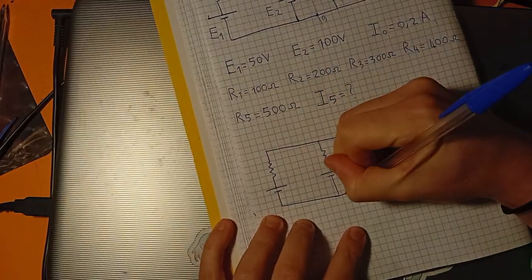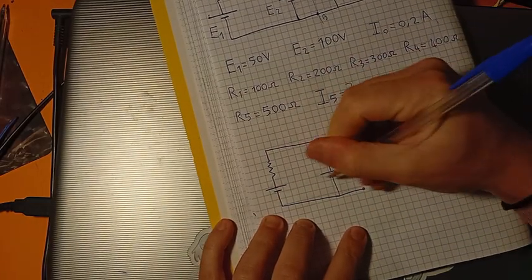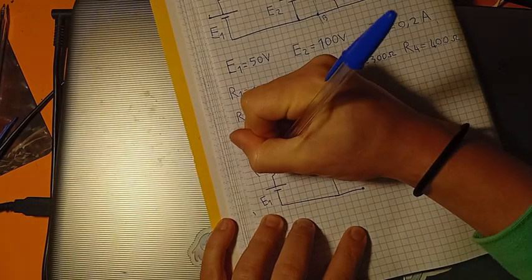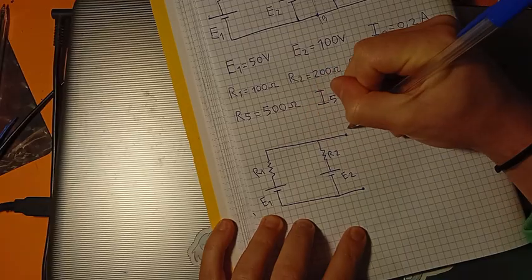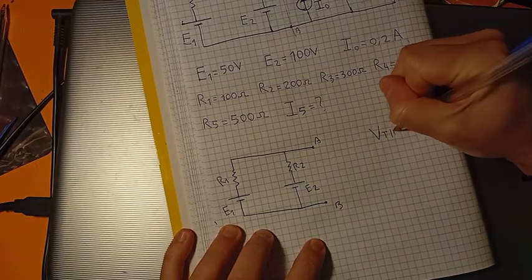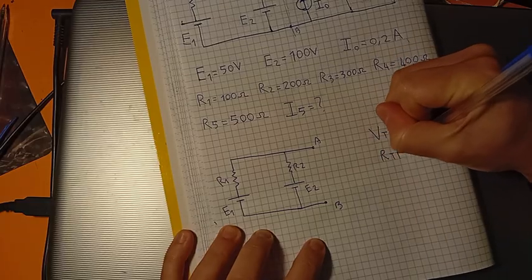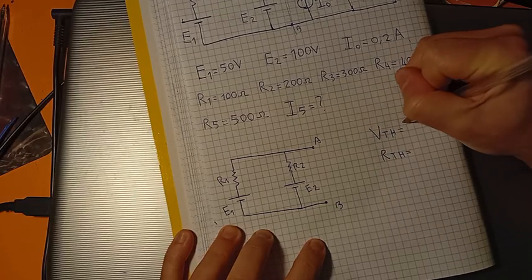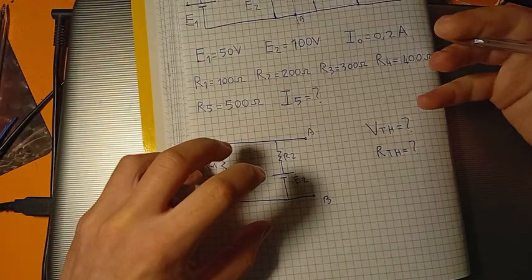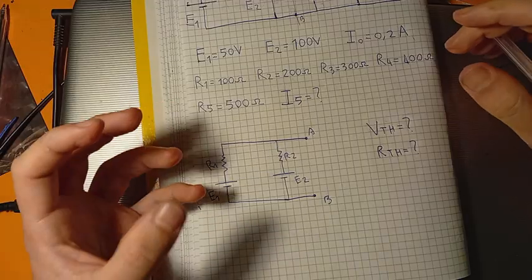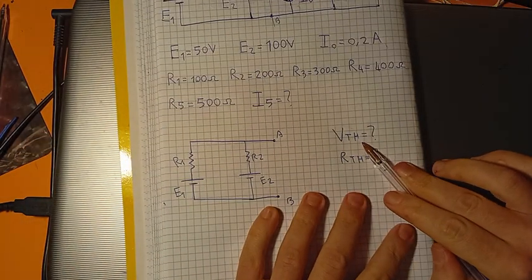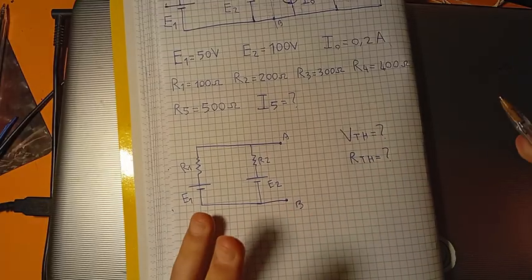So we take this part of the circuit. And we know we have to transform all this part of the circuit in just 2 components, a Thevenin voltage source and a Thevenin resistor, okay.